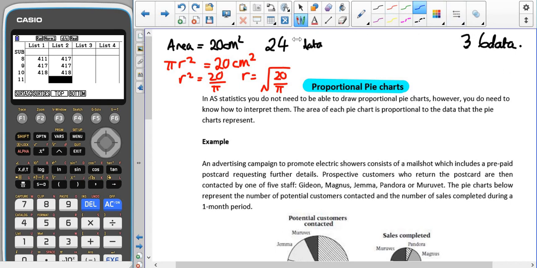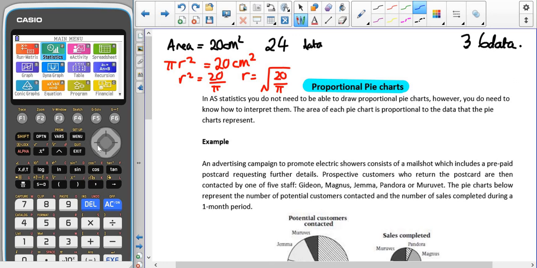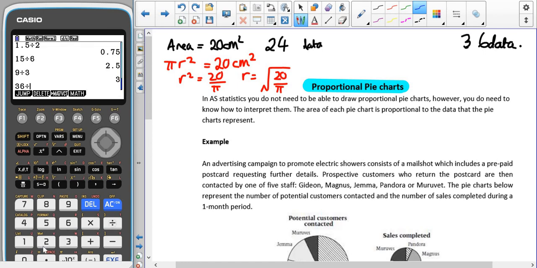However, for my second pie chart, because the first pie chart had 24 pieces of data and the second pie chart has 36 pieces of data, if I go into my normal calculator mode, 36 divided by 24, I get 1.5. That tells me that the area for this second pie chart should be 1.5 times the size of the first pie chart.